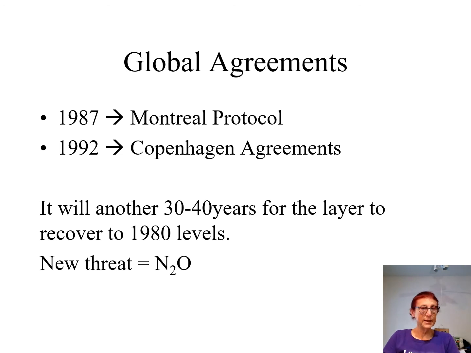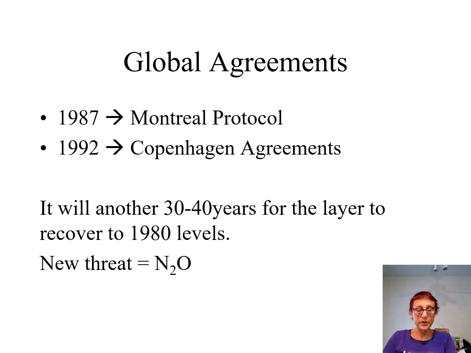It was amended in 1992 to include compounds like methyl bromide. And it's continually been amended and looked at. As of 1996, 96 ozone depleting compounds had been looked at and had been given a schedule for being phased out.